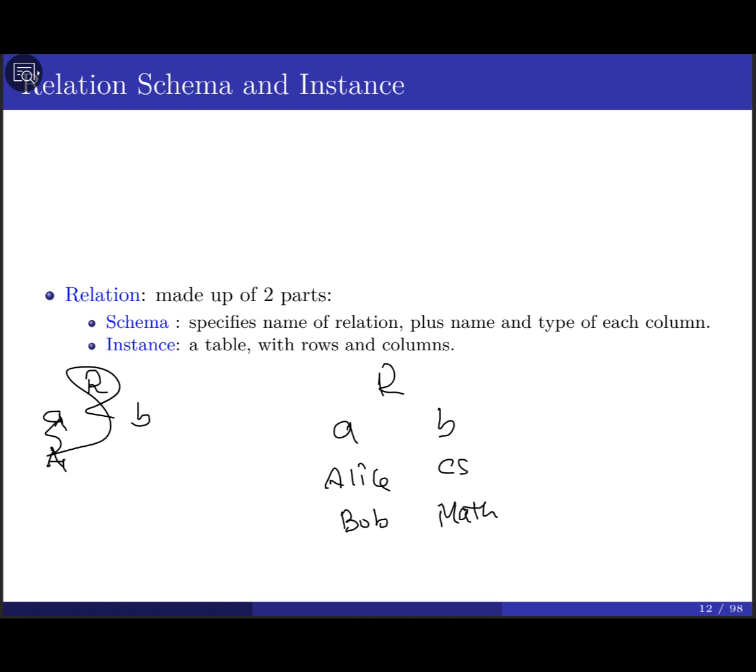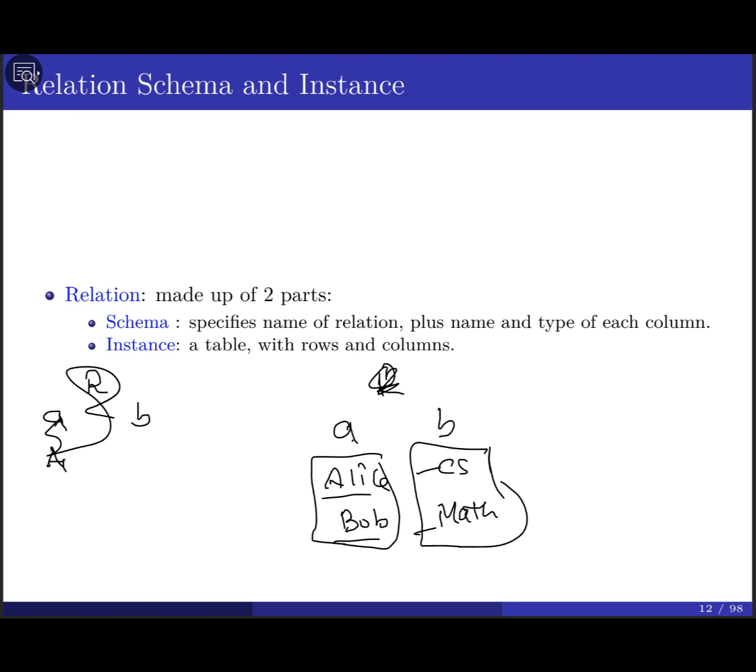So this is all the possible values for each attribute. For relation A, the list of all possible names stored in this relation might be Alice or Bob, and the list of all possible values for the department can be computer science and math. Now I need to find an instance.